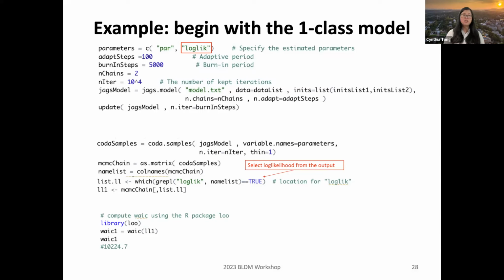Some materials from today on growth mixture models use slides from Han Du, another instructor of last year's, and also some figures from Sarah DePaoli's growth mixture model lecture.